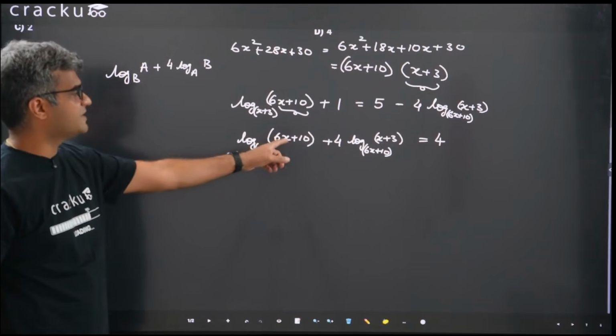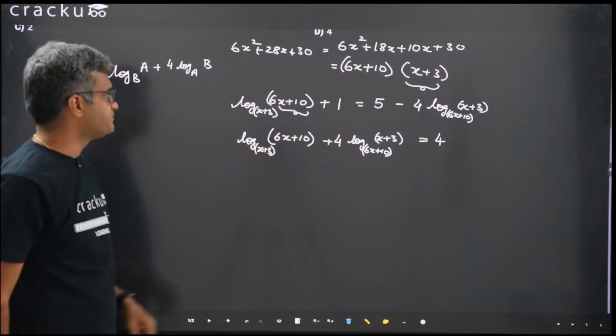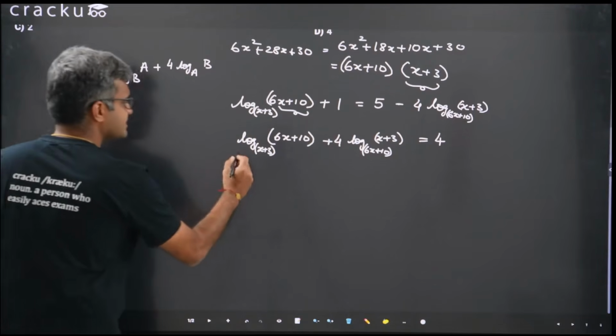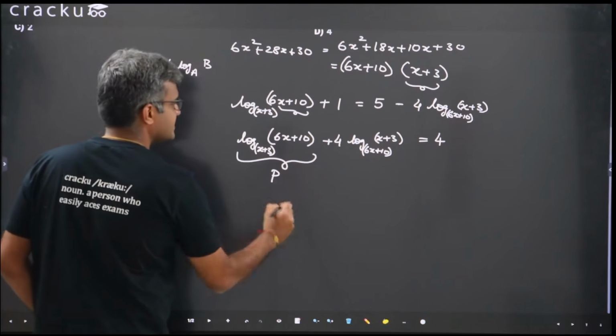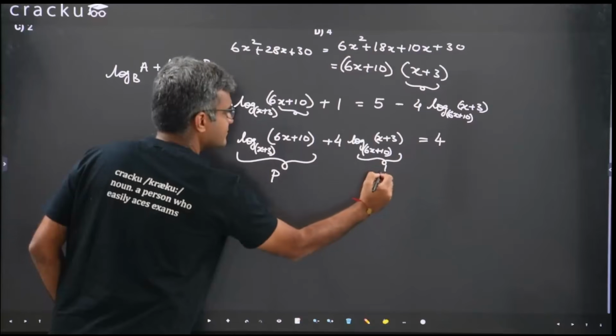Because this is the argument and the base are getting interchanged in the second term. So if you assume that this part over here is say p, this part over here will be 1 by p.